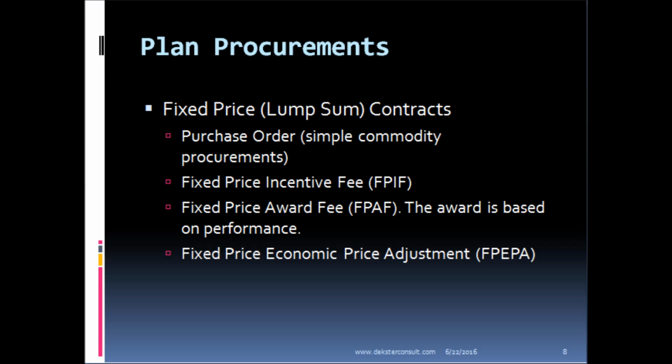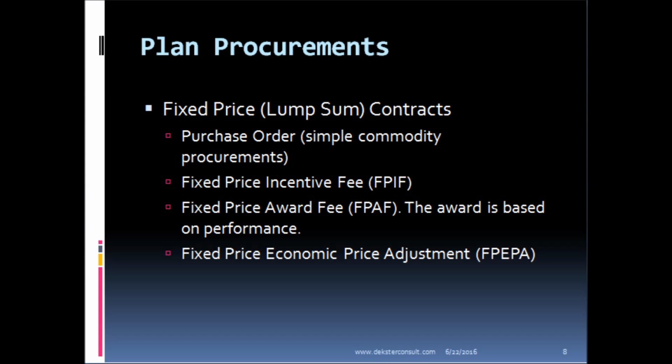It is important to understand that since procurements will lead to contracts, we need to understand the various forms of contracts that are in existence. We have basically three forms of contracts. We have the fixed price contracts, and there are various variations of the fixed price contracts.